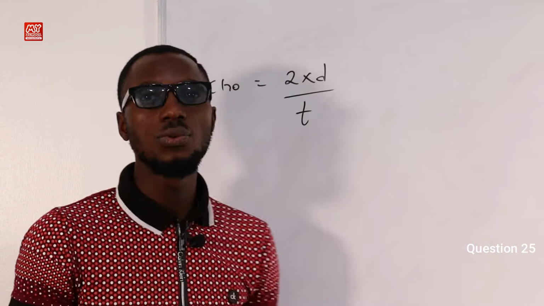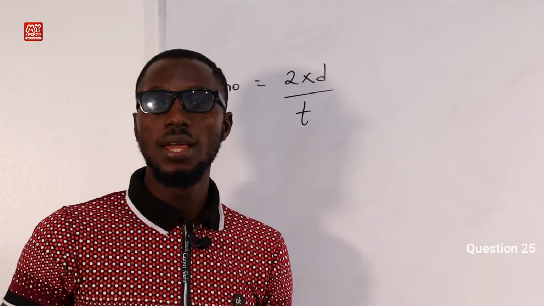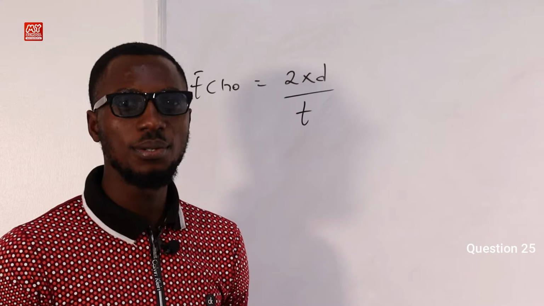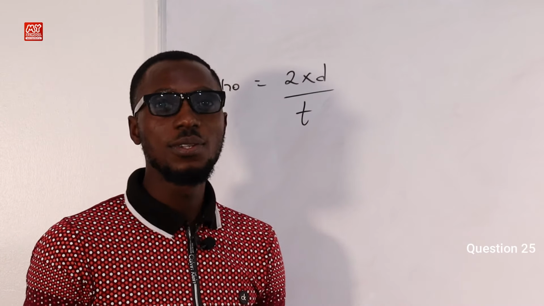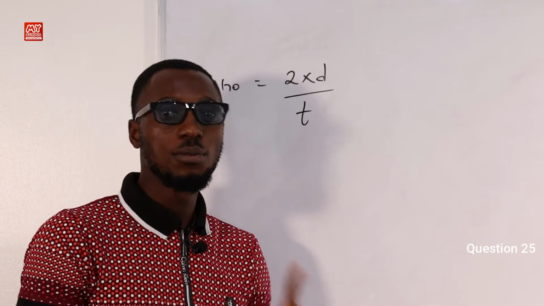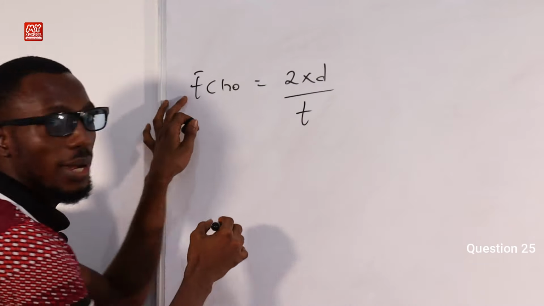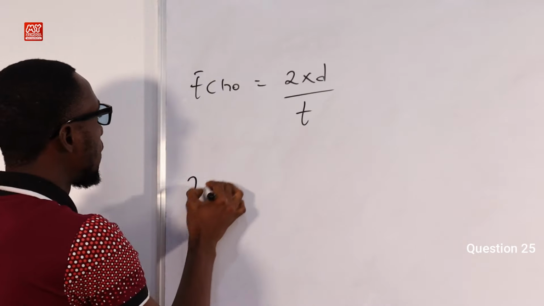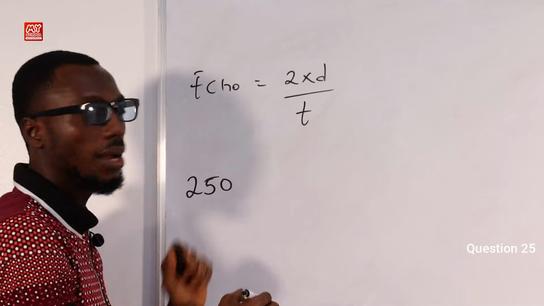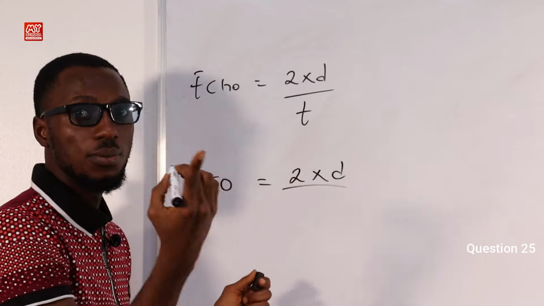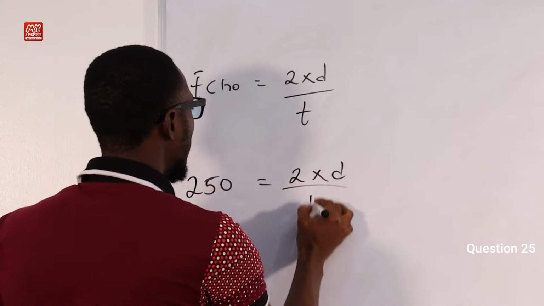In this case, we have 2 times that are being considered: 3.5 seconds and 2.5 seconds. If you take away 2.5 seconds from 3.5 seconds, you have a 1 second difference. We are told that under that condition, we have 250 for the speed of sound, which equals 2 times the distance over the time difference we've just gotten, which is 1 second.